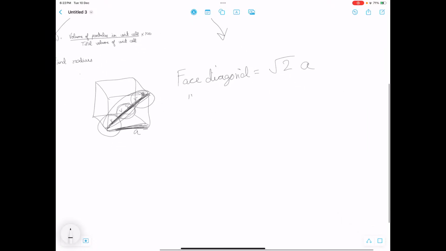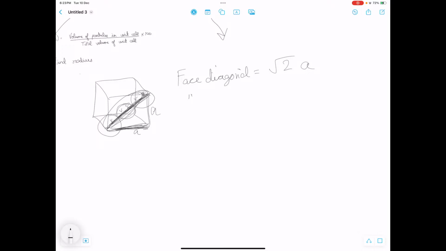And how do you prove this? So this is given by Pythagorean theorem.